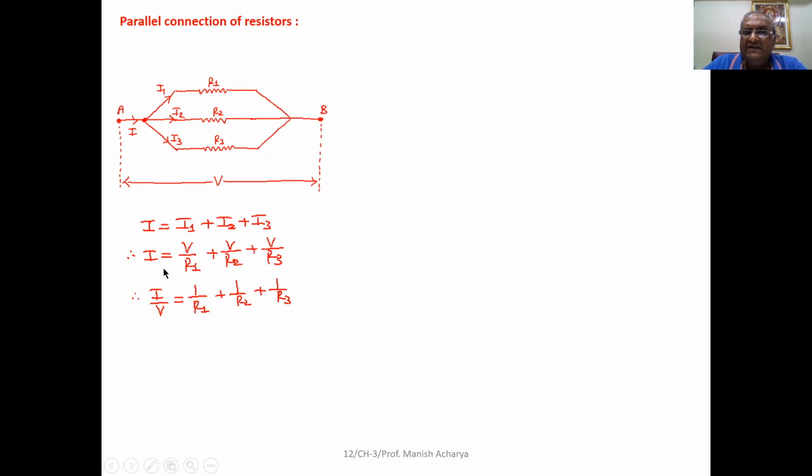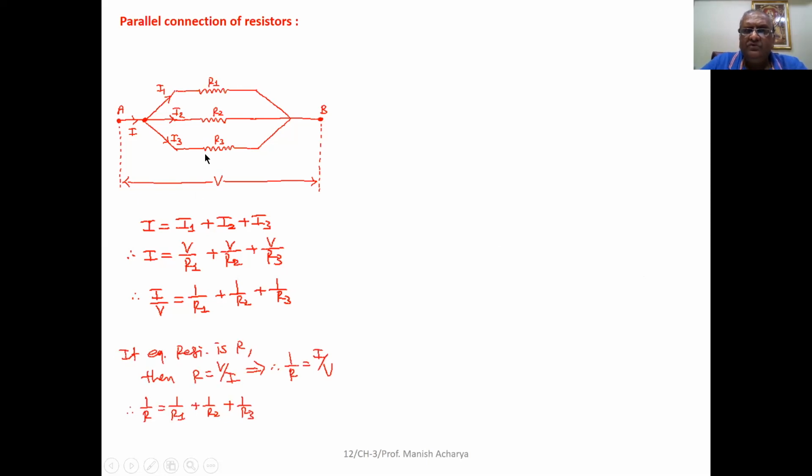Now I is V by R. So as per that we can write current I1 equal to V by R1, current I2 equal to V by R2, current I3 equal to V by R3. Take V common from this and take it on the left hand side. So we can write I by V equal to 1 upon R1 plus 1 upon R2 plus 1 upon R3. Clear up to this?